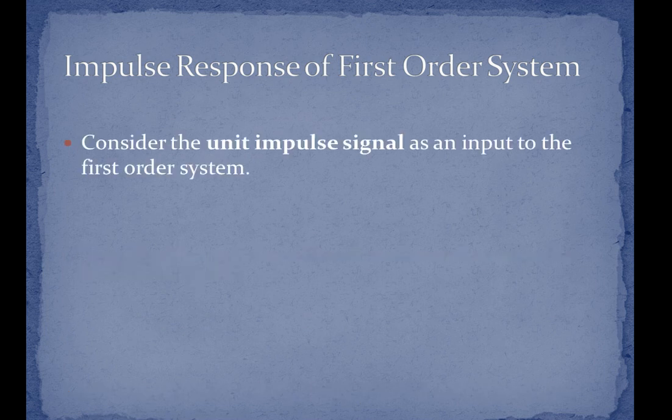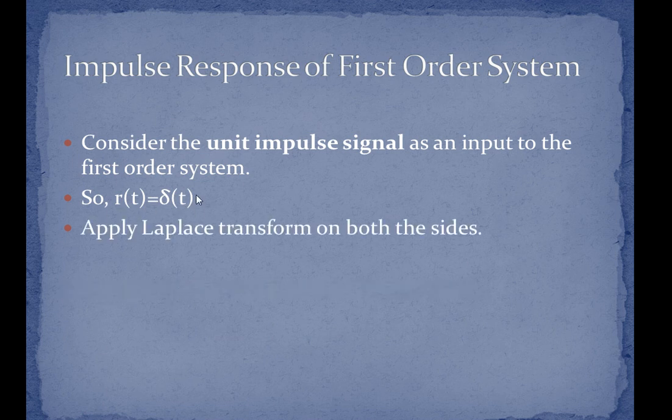So I am taking the unit impulse signal at the input of the first order system. R of t is the input. I am taking the input as del of t, and if I apply Laplace transform on both sides, R of t becomes R of s and Laplace transform of del of t is 1. So I am taking R of s equal to 1.